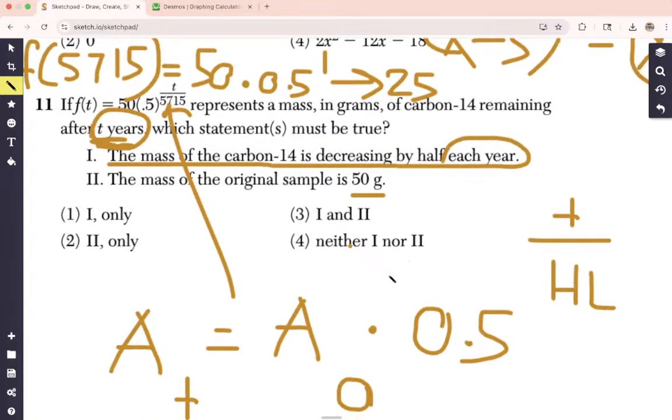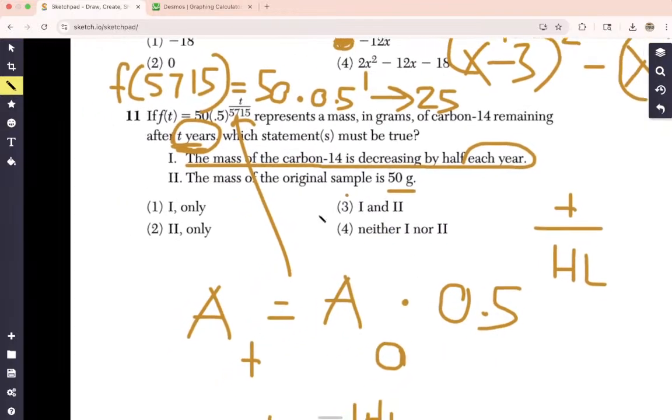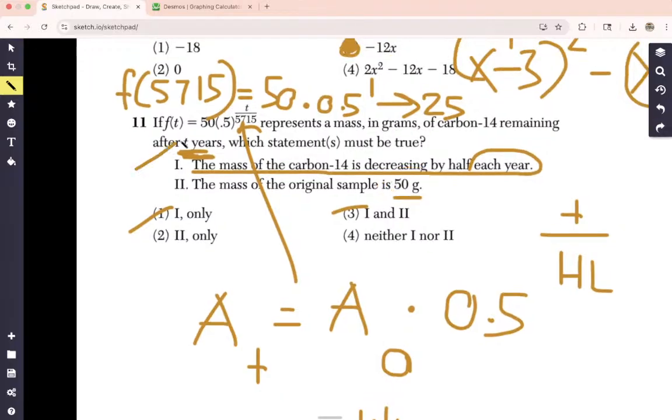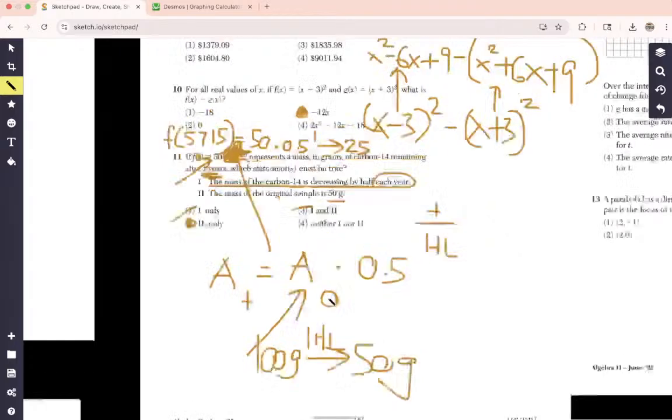So number one, I don't think that's correct. The mass of the original sample was 50 grams. Yeah, that is 50 grams, right? Notice how when your time is equal to 0, you have 0.5 to the 0th power, which is just equal to 1. So you originally have 50 when the time is 0 years, and it also fits with this formula.